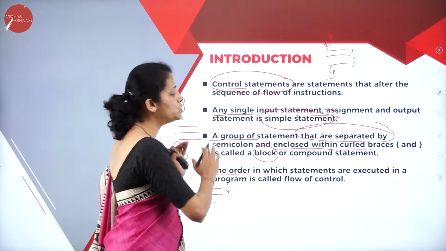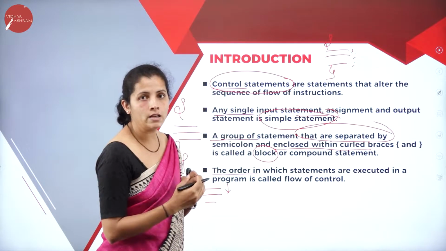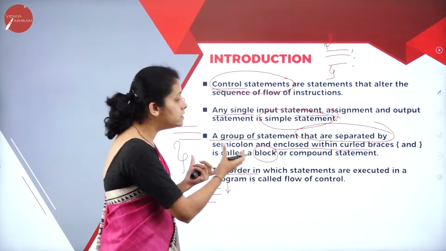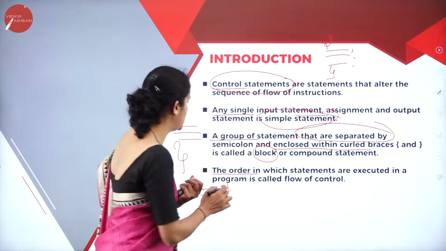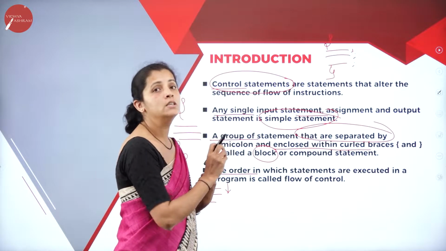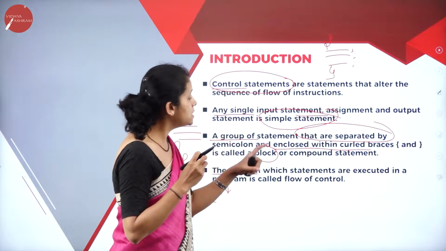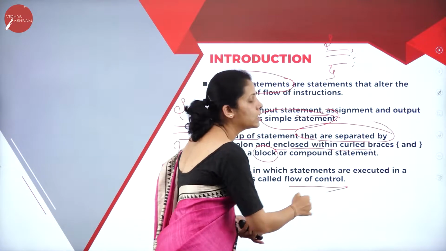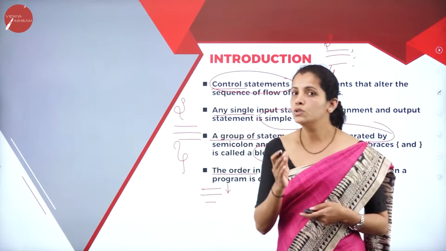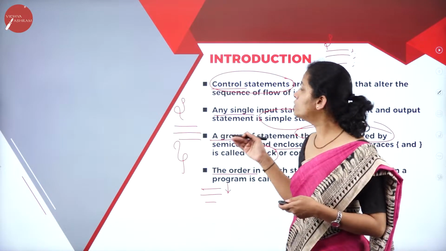And if I am going to jump from one statement to another statement, then the execution order or the flow is going to change. So the order in which the statements are executed in a program is called flow of control. So dear student, what are the things we need to remember here?